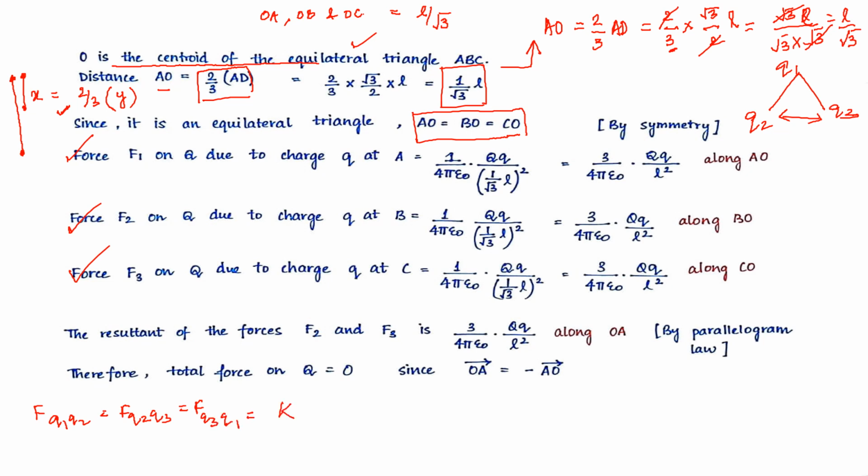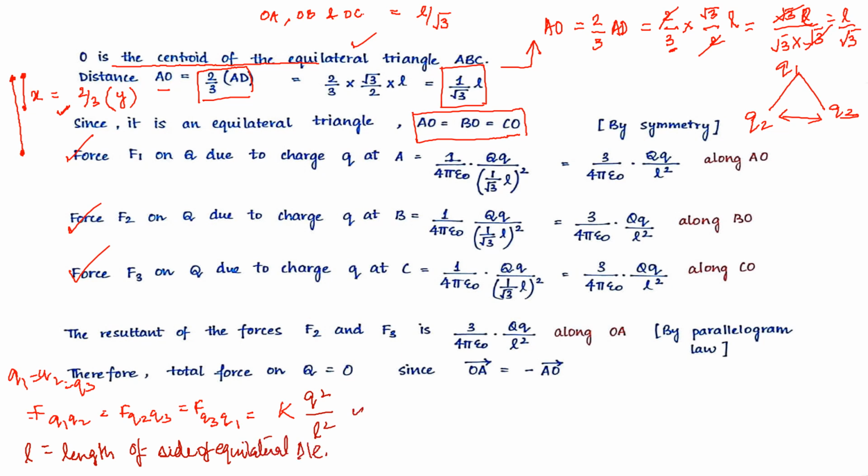K into the respective charges Q1, Q2. As the charge is the same, Q1 equals Q2 equals Q3, we will take it as Q square, so it is K into Q square upon L square, where L is the length of the side of the equilateral triangle.